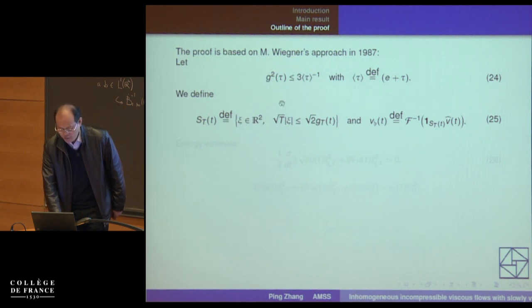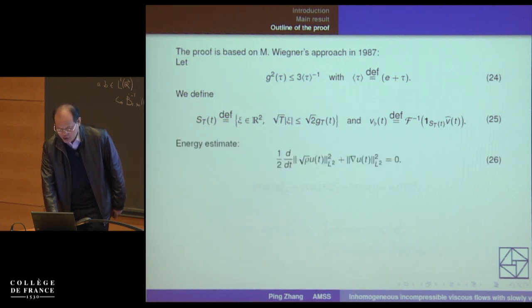Then we define the low frequency set S(t) of ξ belonging to S2 with absolute value of ξ less than or equal to the square root of 2 over t times g(t). And we define the low frequency cutoff part, v flat of t, equals the inverse Fourier transform of the restriction of the Fourier transform of v to the low frequency part.